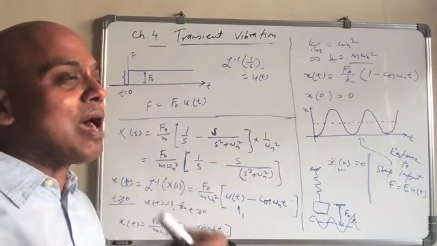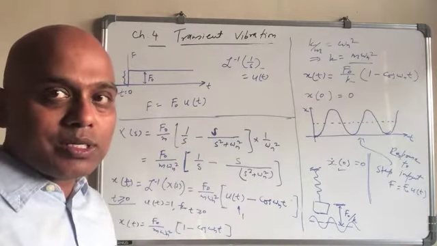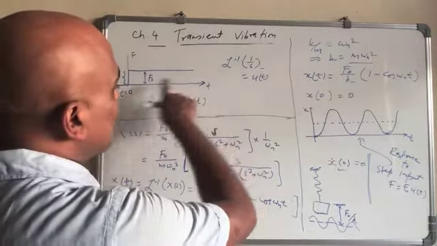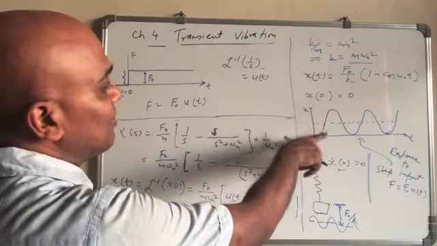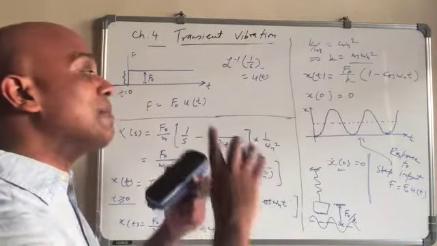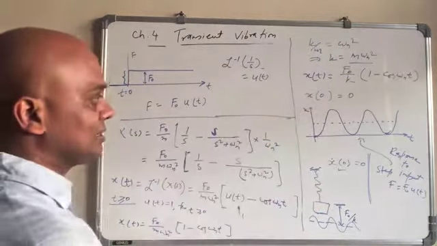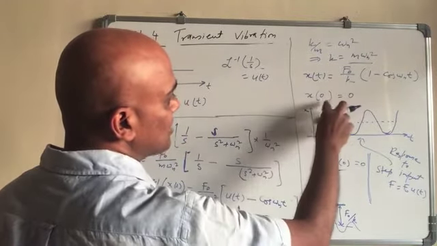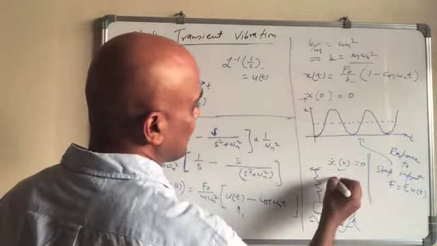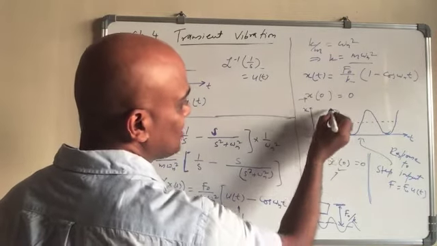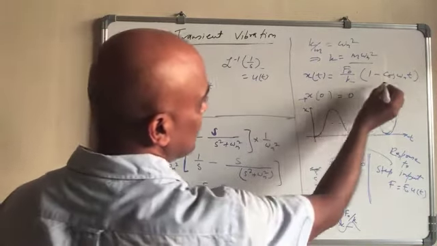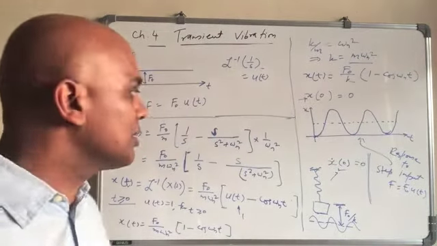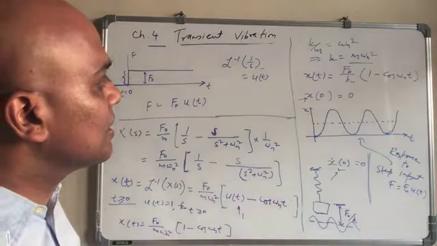But when you apply a constant load, the mean position will first change, and then about that the sinusoidal motion will start. It's sinusoidal only, but because the initial conditions are given, it will start like this, so it will be a cosine function in that case.